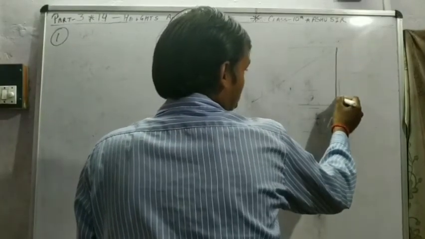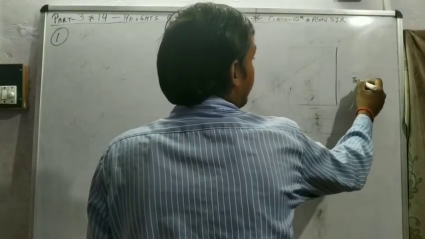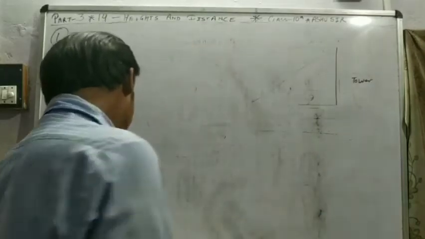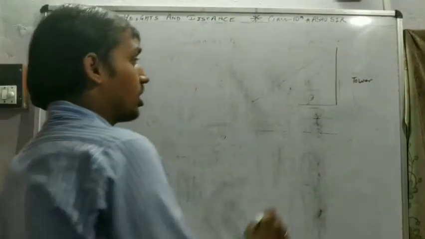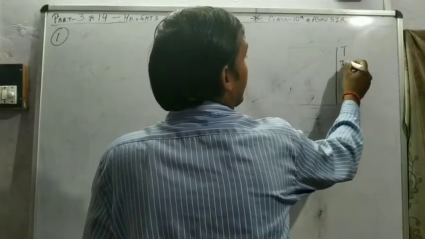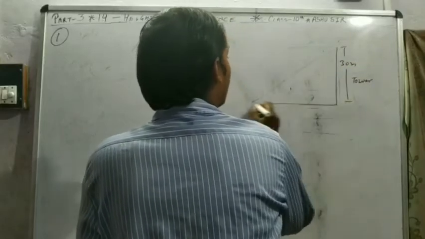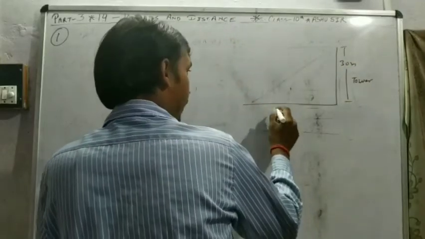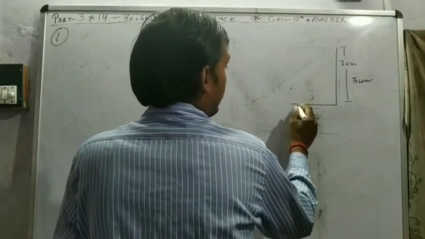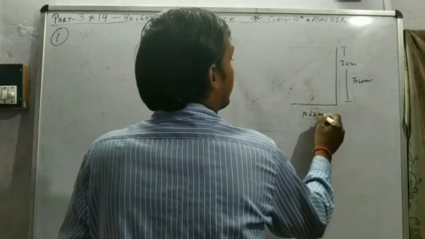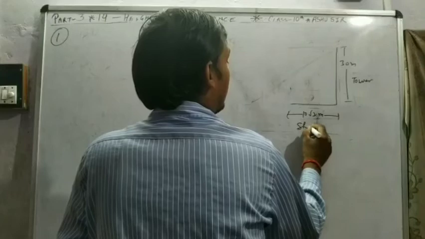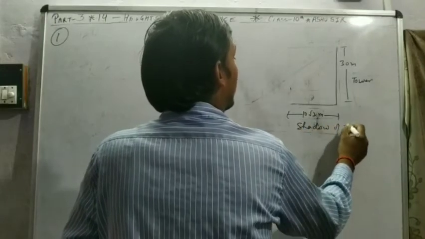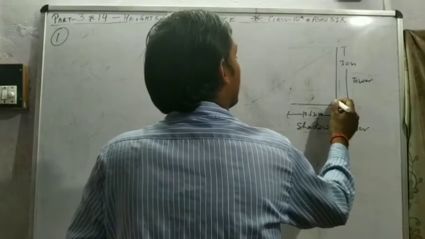So this is a tower, 30 meter high, casts a shadow 10√3 meter. That's the shadow of the tower.